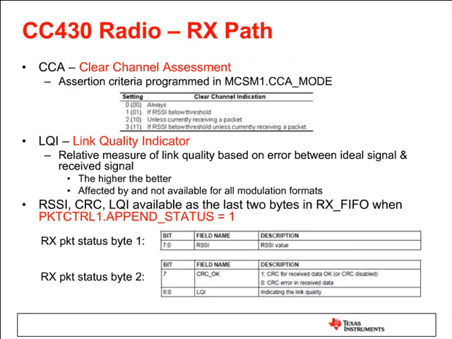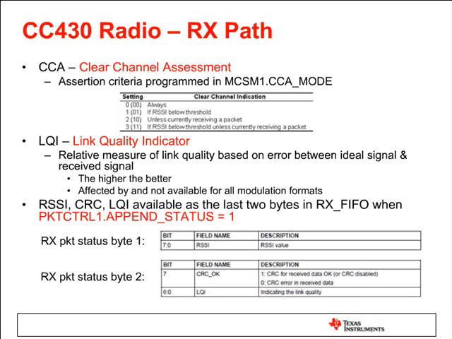You also have a link quality indicator, which can be a secondary measure of the link quality between two devices. So you can rest assured that the signals that you're getting are of high quality and that the link is good. This information, you can either go in and pull it from status registers, from the RSSI, CRC check, and the link quality indicator, or if you're using the packet handler, you can just include it.